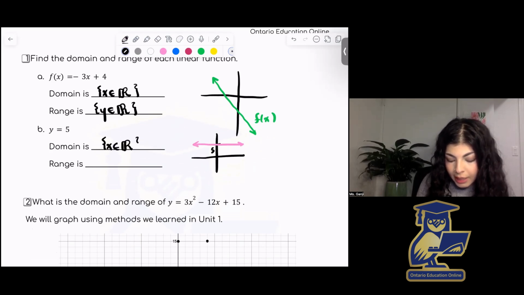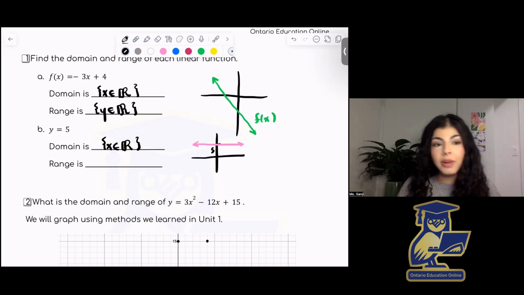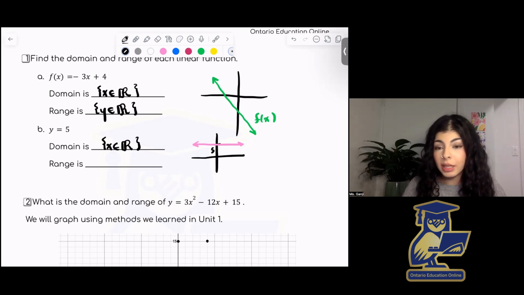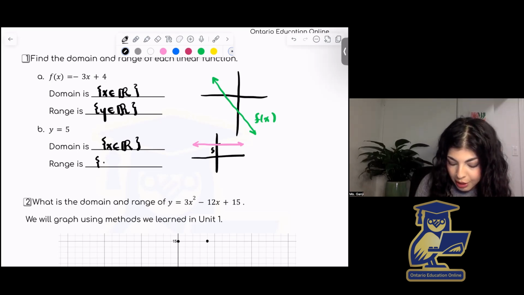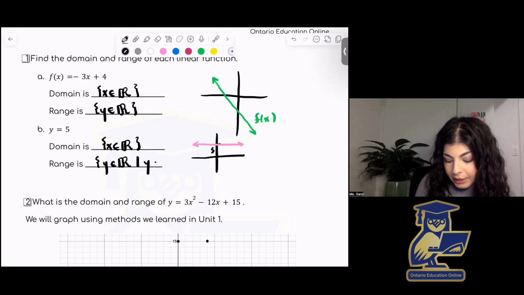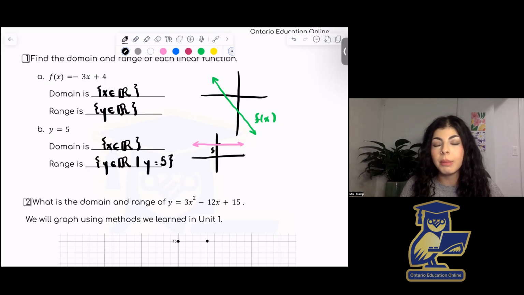I can choose any x value and y equals 5 will hold. That being said though, my range is only one value and it's 5. Whatever x I choose, my machine doesn't care. It will just give me 5. So I do have a condition here where y is in the real numbers and y is equal to 5. You can have that as a condition as well. So I'm just saying that any value of x will give me y equals 5. And that works.